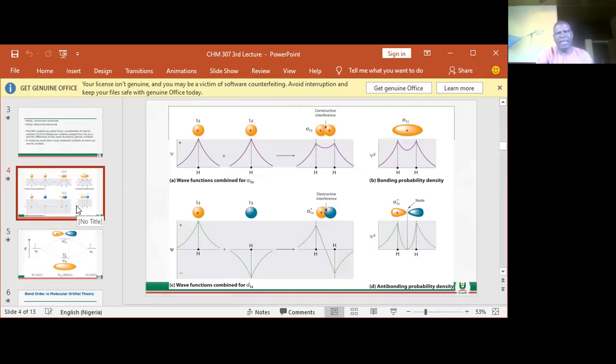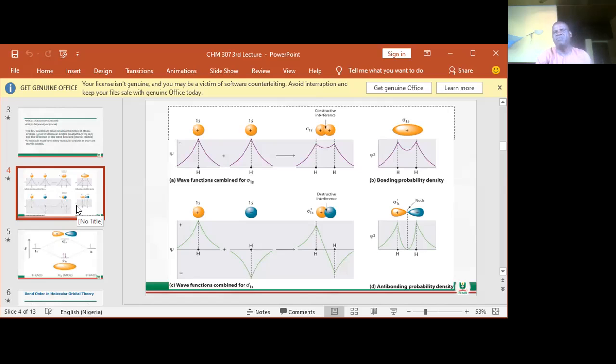Now, if you look at the second, which is the anti-bonding, or sigma 1s star, we can call it. You have 1s from atom A, another 1s from atom B with a different spin. The two of them are actually with different energy, coming together. So their mixture is what you see at the intermediate state. The peak of one is opposite to the peak of the other. So it is actually destructive.